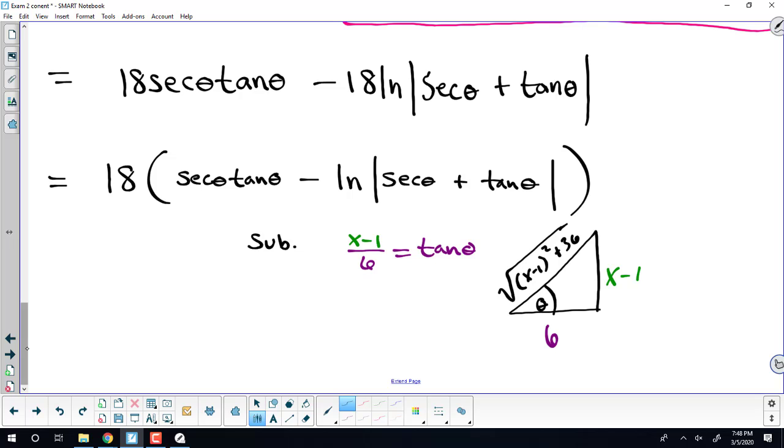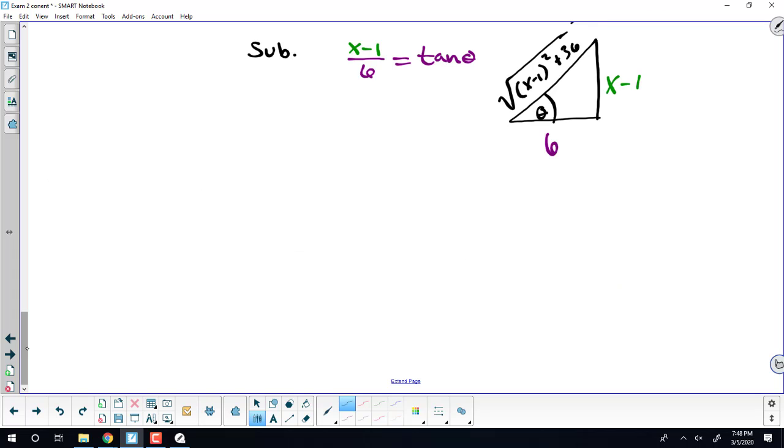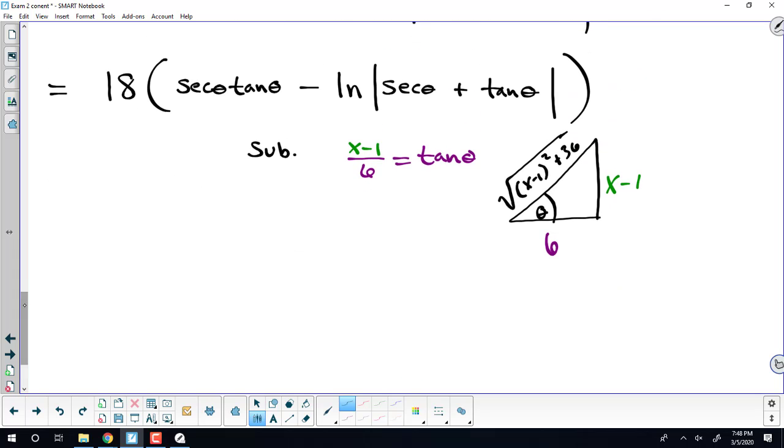Okay. So we've got then 18 times secant times tangent. So secant of theta would be what? Root of x minus 1 squared plus 36 over 6. This root all over 6.